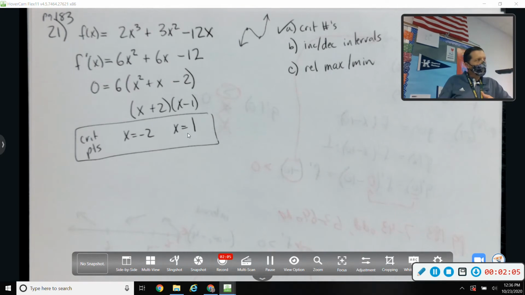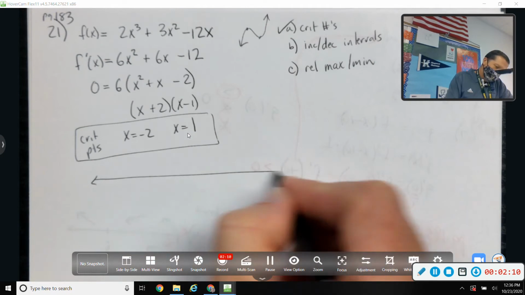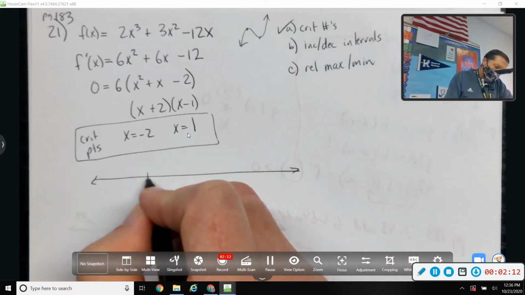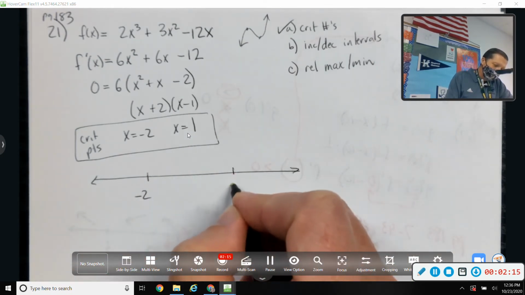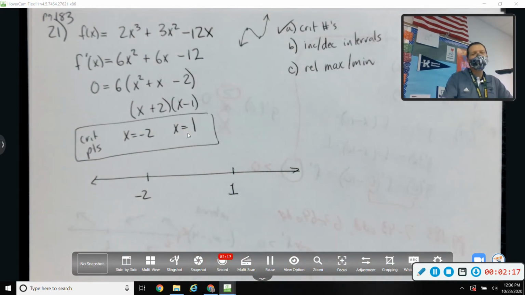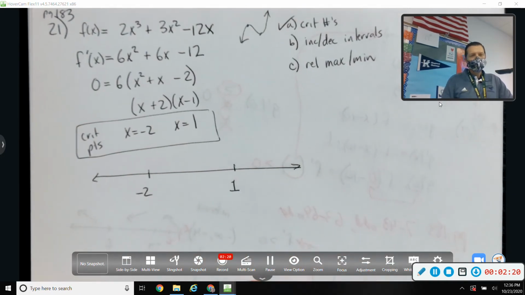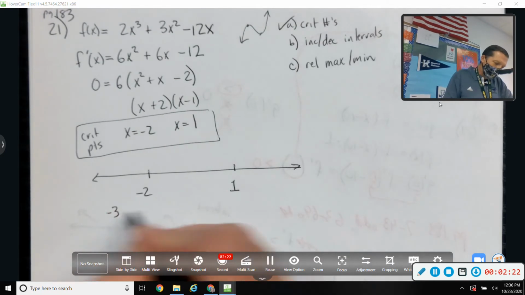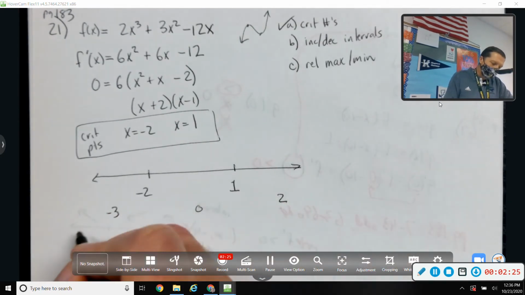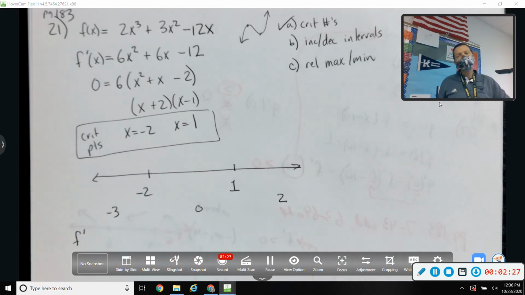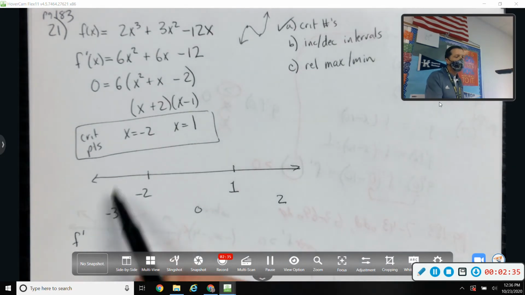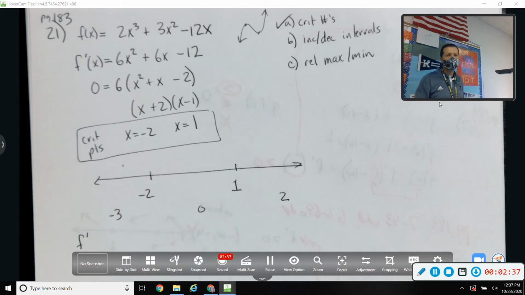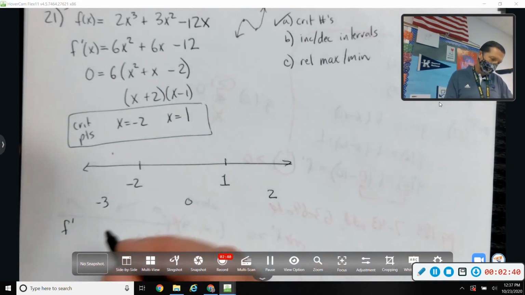We use the critical points to set up the number line to find the intervals. Again, please put them on in the correct order. Negative 2 is in fact less than 1. And then we'll pick some values on those intervals to check into the first derivative, because the first derivative will tell us if f is increasing or decreasing, and that's what we're looking for.